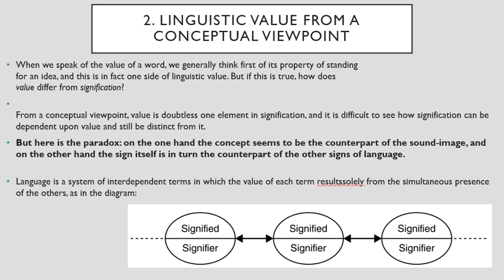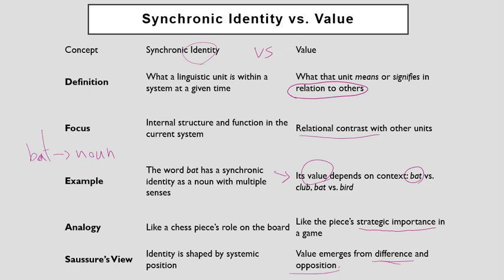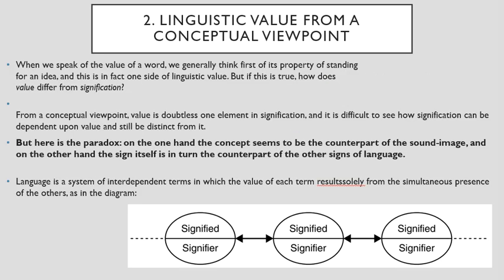Okay, so I want you to understand these three concepts. We have identity, value, and signification. These are completely different things. Identity is about the placement of the word and the internal structure. Value is about the relational structure, and then signification is something else that I'm going to talk about right now.